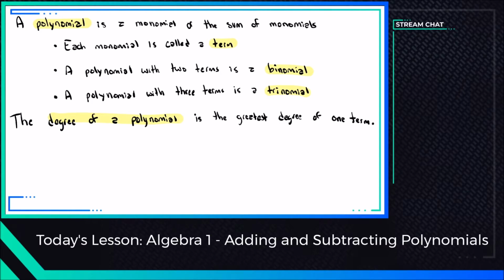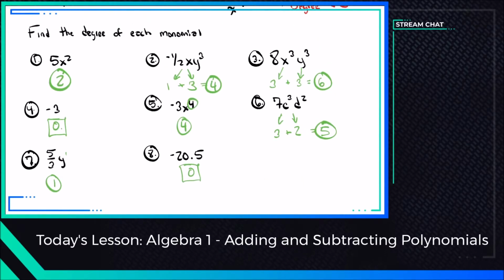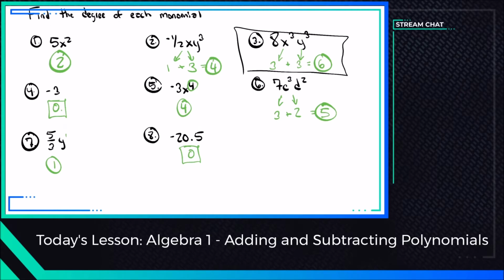So before we continue on here, if we scroll back up to the example we just did, where we found the degree of each one of those monomials, the monomial in the polynomial with the greatest degree is the degree of the entire polynomial. So for this example, number 3 here has a degree of 6. So that would be the degree of this entire thing if we added all of those together.